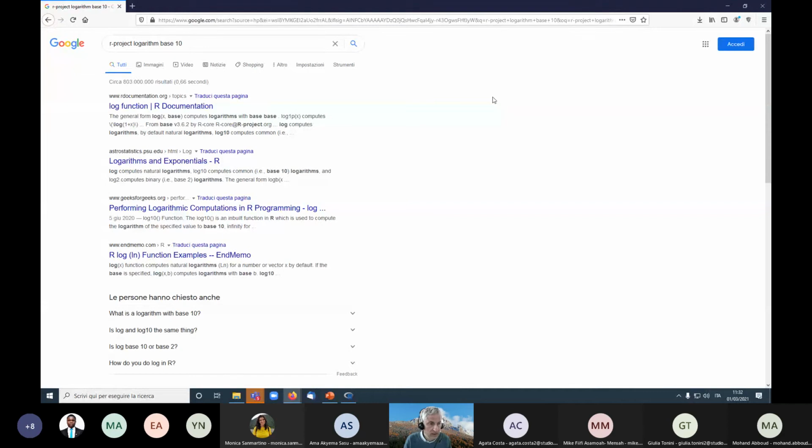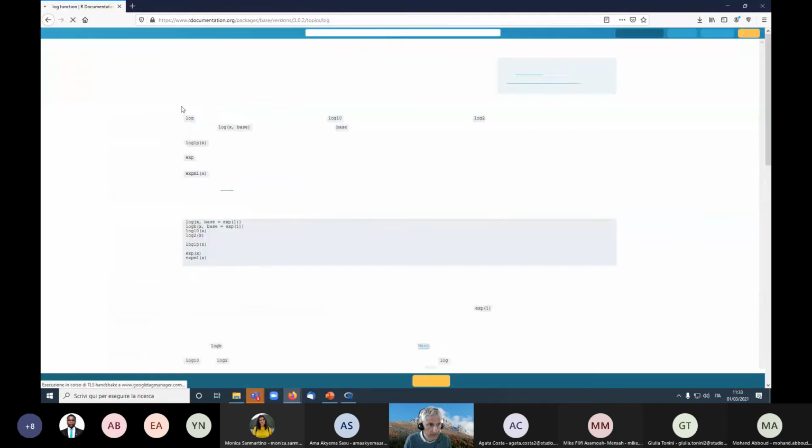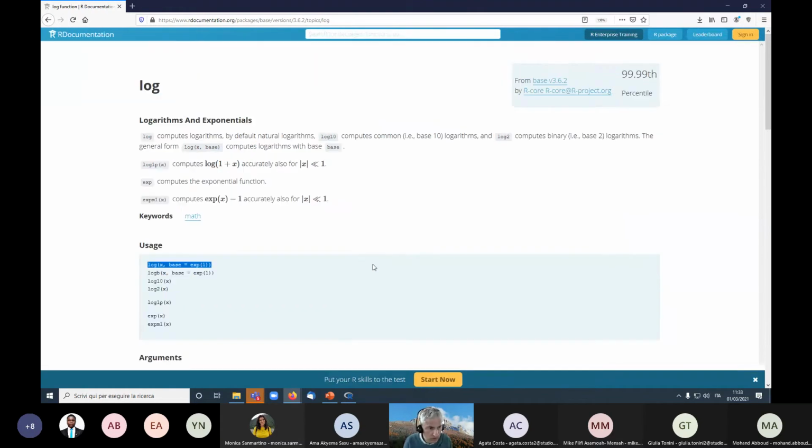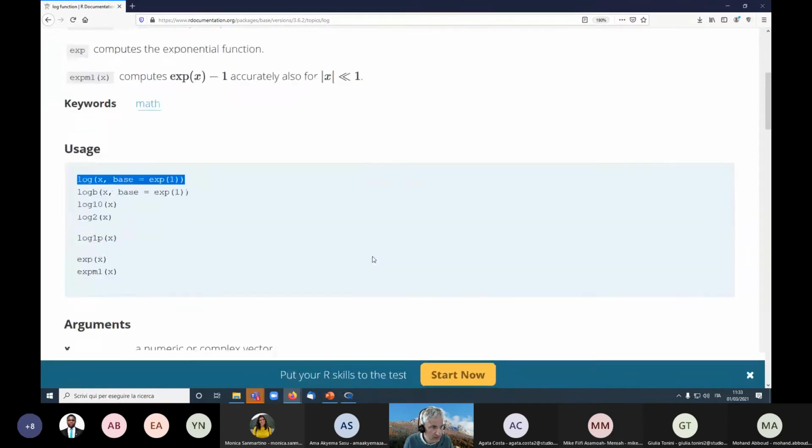Okay, let's get the first link. And you see logarithms and exponentials, usage. Look here. I can use a function called log. Let me expand it.